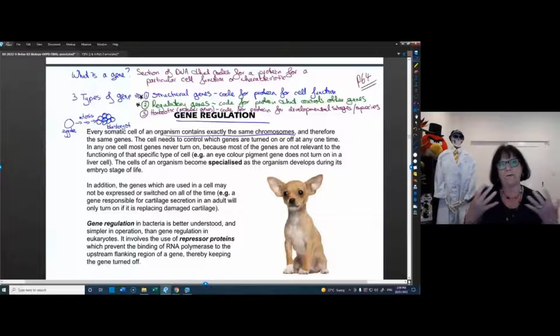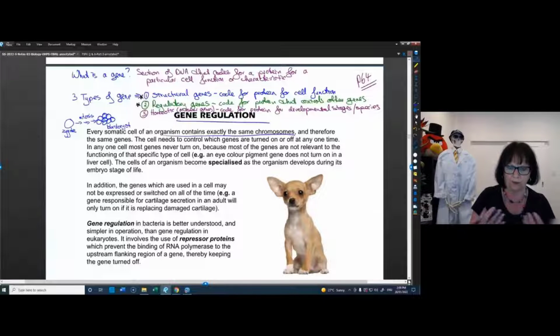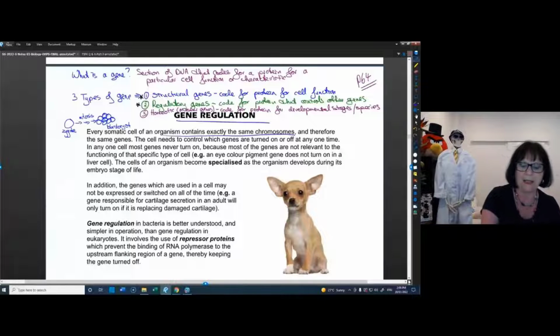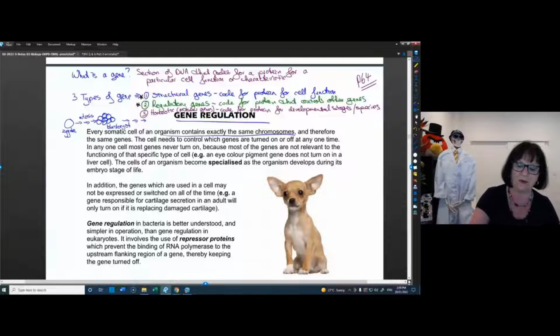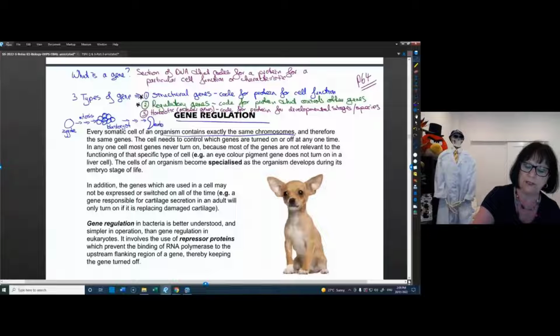So therefore, every cell of your body has exactly the same DNA. The genome, the set of genes, is the same in every cell of your body. Then as progression happens, the cells, through the homeotic genes but then also other genes, start to become what is recognizable as an embryo.